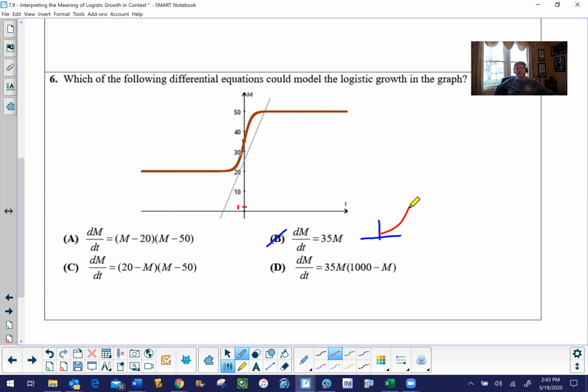Now, a lot of you also said that you're going to eliminate D, and I love that. D is eliminated because what is the carrying capacity of the equation in D? Or what is the L value in D?